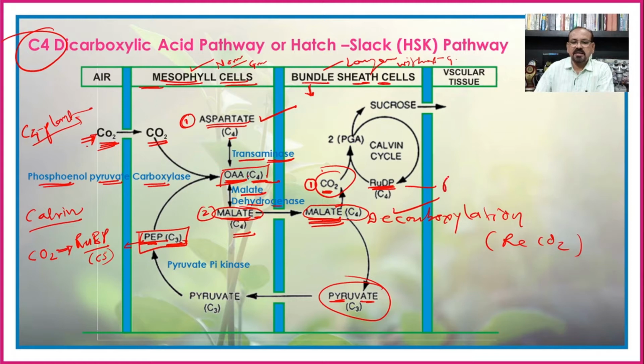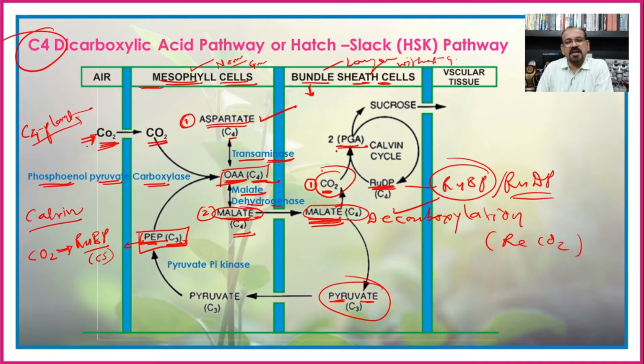We can either write RuBP or RUDP, one and the same thing. When it is absorbed by ribulose 1,5 bisphosphate, later on it converts into a 6 carbon addition compound, and this later forms 3-phosphoglyceric acid.